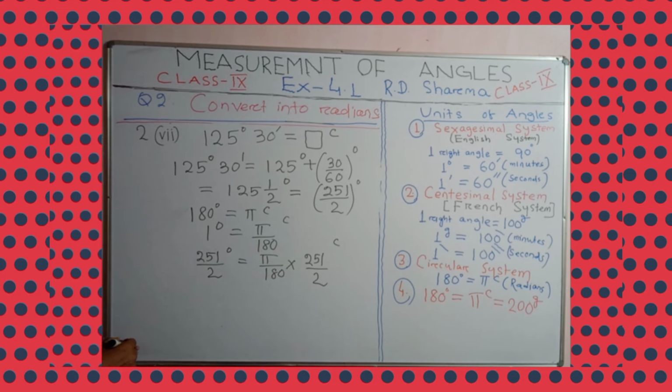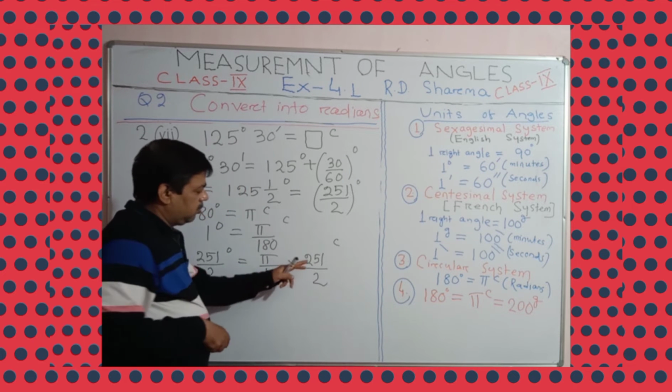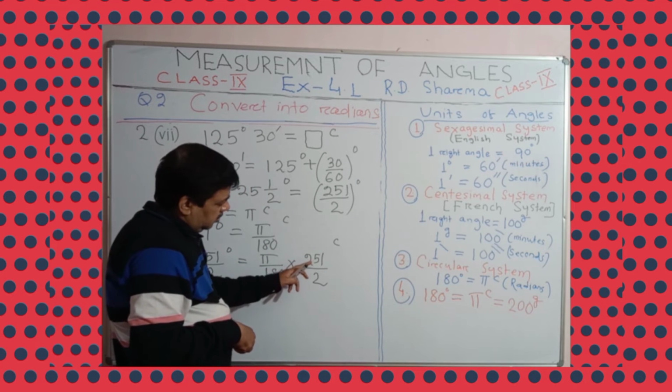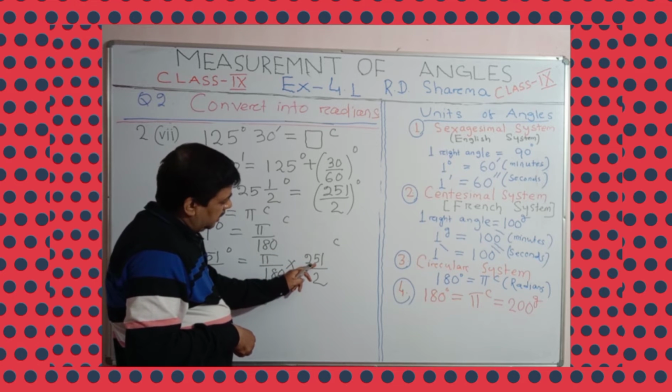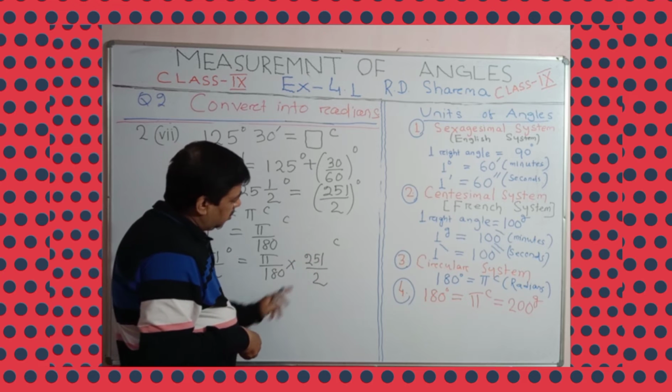So we will cancel this one. Yes, I think we cannot cancel 251 by 5. 5 plus 2 is 7, it is not divisible by 2, and 2 plus 5 plus 1 is 8, it is also not divisible by 3.